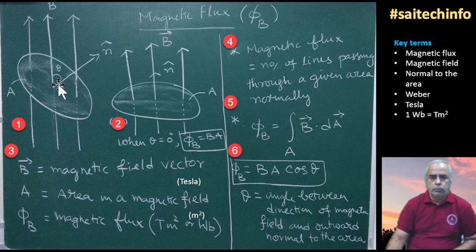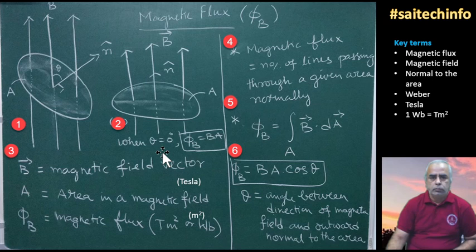Whereas here it is passing along the n cap. It means theta is equal to 0, that is, the angle between the direction of the magnetic field and the outward normal to the area is 0.